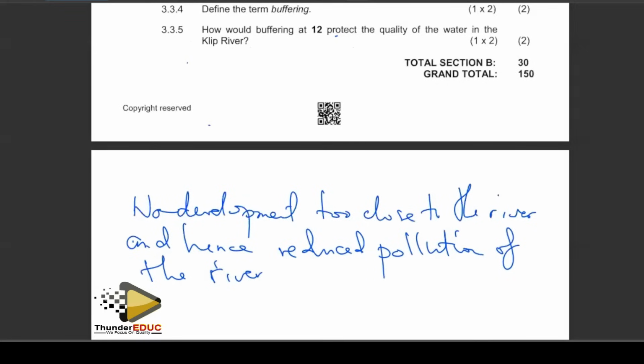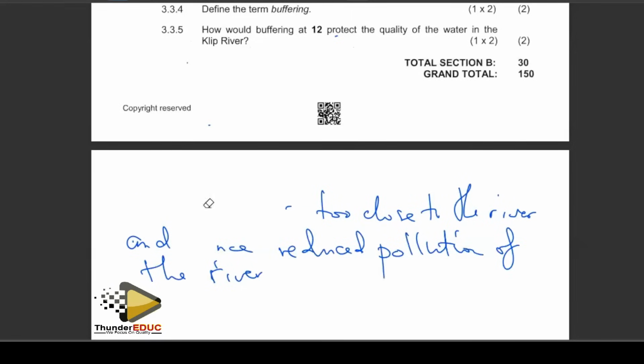If there's a buffer zone, it means human activities cannot happen too close to the river, and they cannot influence the quality of water in the river. And hence, we have safe water in the river because of limitation of human activities too close to the river. People are limited from influencing the quality of the water by the buffer zone.